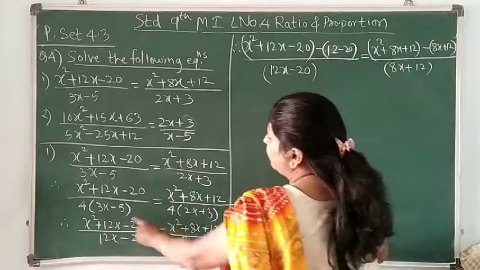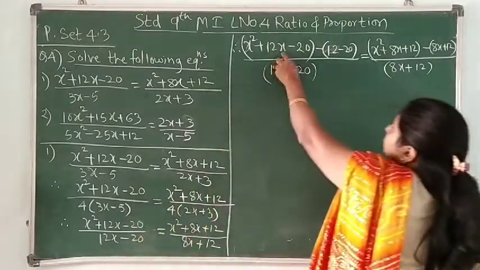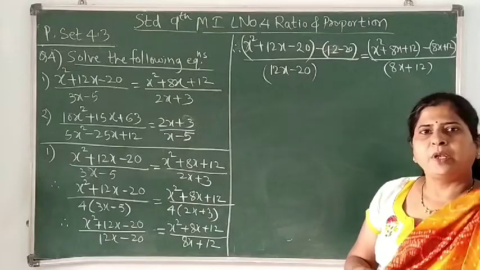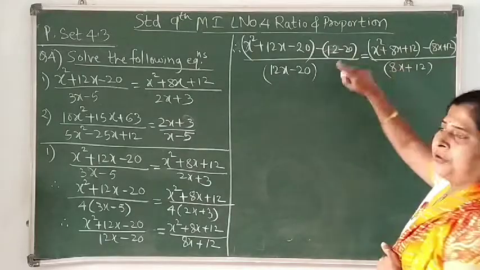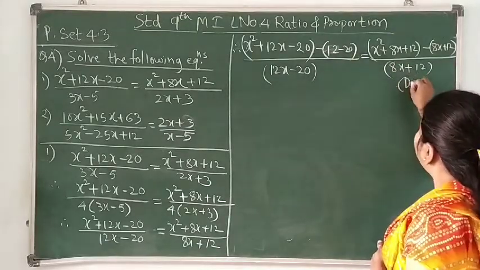So what we have done is numerator minus denominator upon denominator, the same on the right side, so we have applied dividendo.